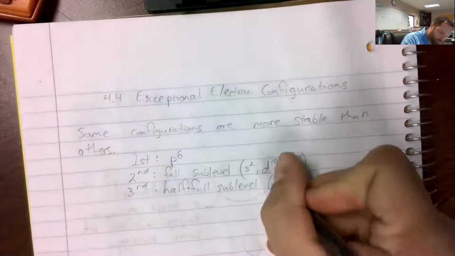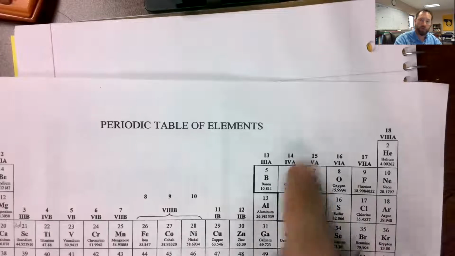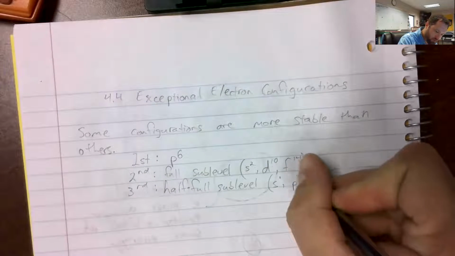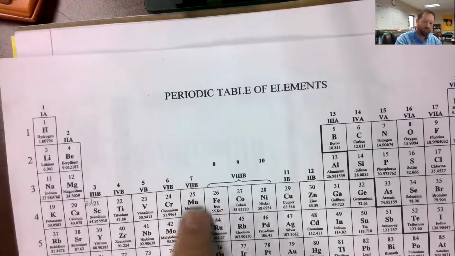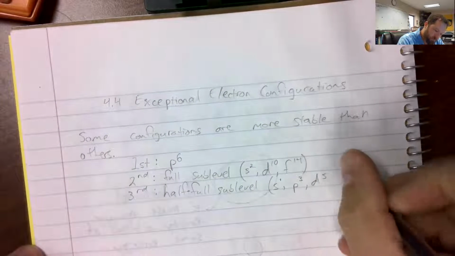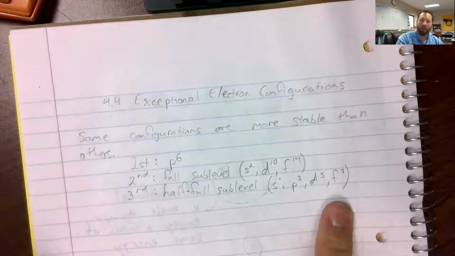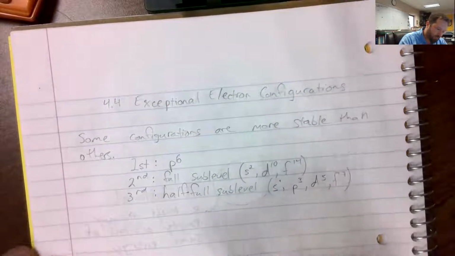It's a half full sublevel. P3, right? Because P can hold 6, so half full is P3. D5, it's a good place to be. And F7, that's a half full F block, F7. So those are the third place winners.